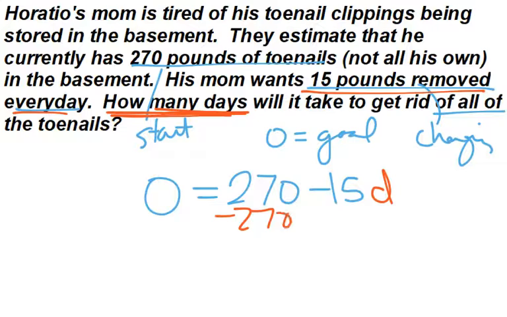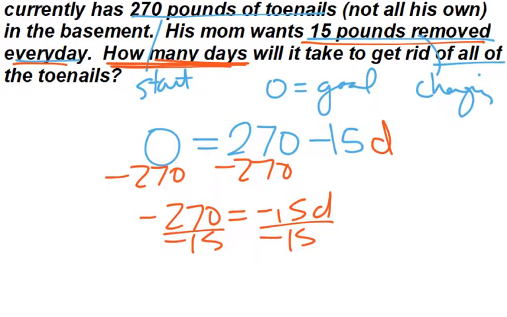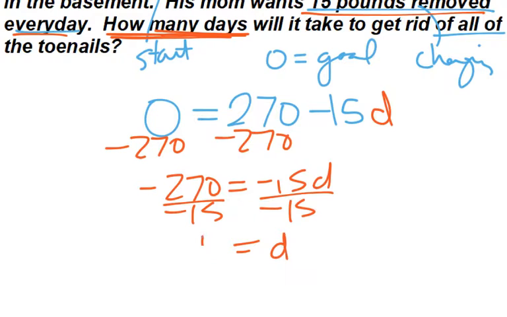So subtract 270 from both sides. We get negative 270 equals negative 15d. Divide by negative 15. And we end up with, I believe it's positive 18. So in 18 days, his basement will be cleaned out, and hopefully nothing else will take its place.